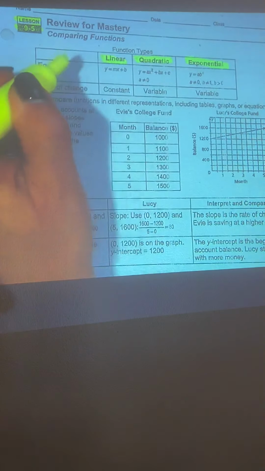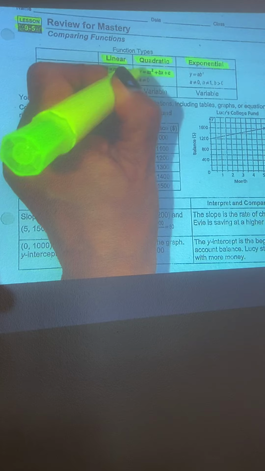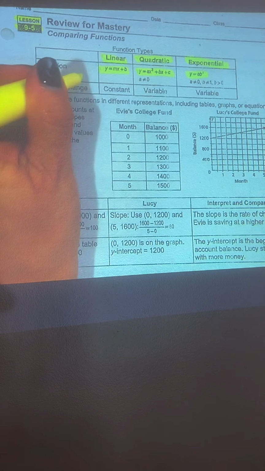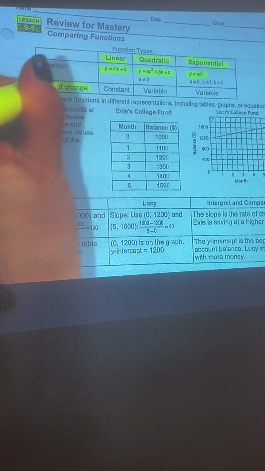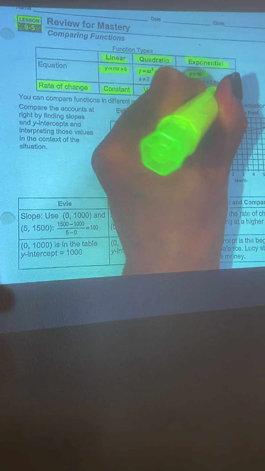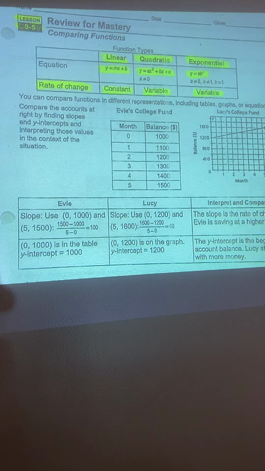A linear equation, y equals mx plus b, quadratic, ax squared plus bx plus c, and exponential, y equals ab to the x. The rate of change in a linear equation is constant, but the rate of change in quadratic and exponential is variable.